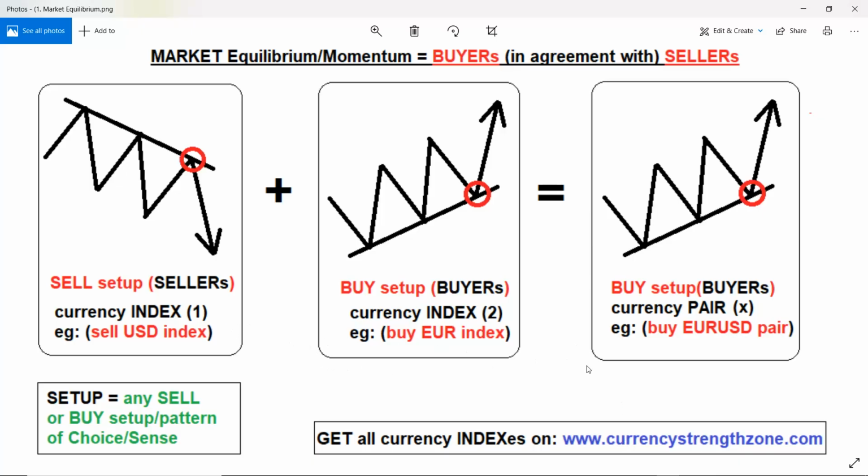So before we make a decision on any trade on the Euro USD pair, you have to first of all check the indexes of the pair, which is the USD index and the euro index.